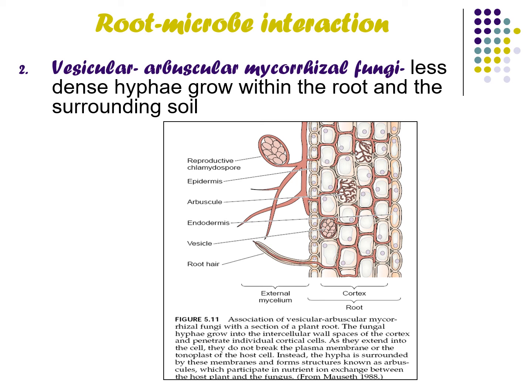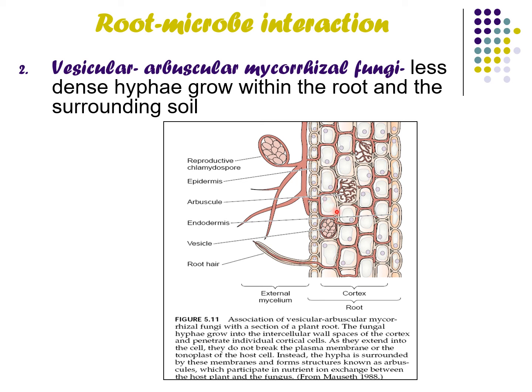The hyphae of VAM grow between and into root cortical cells where they form highly branched tree-like structures called the arbuscules.